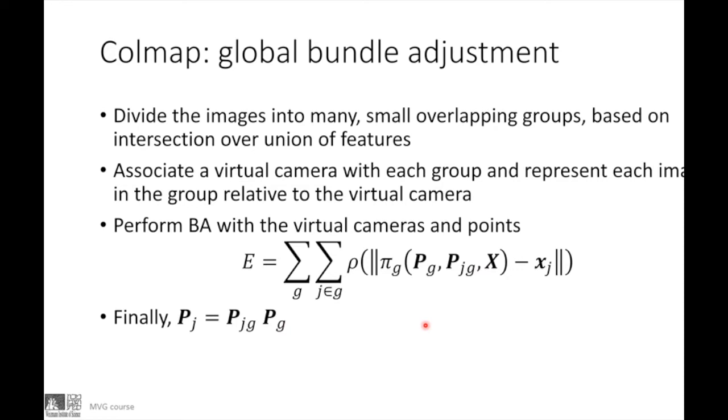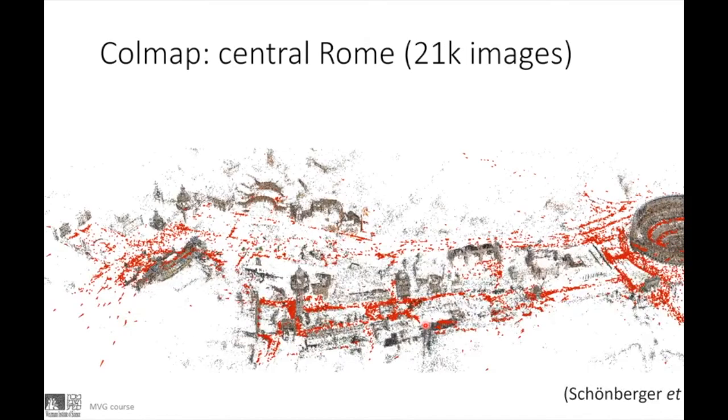Okay, so this way they saved time because the number of pose parameters was smaller in the global bundle adjustment step. And here you can see a reconstruction of central Rome, if you know the area of the Colosseum and all the Rome part, with 21,000 images.